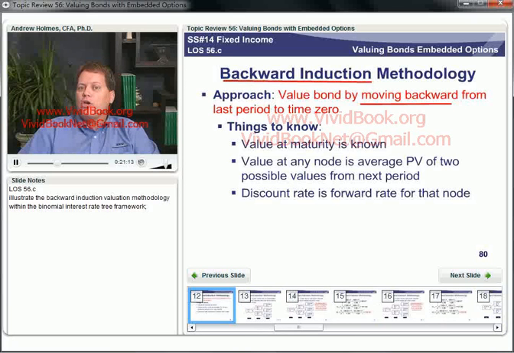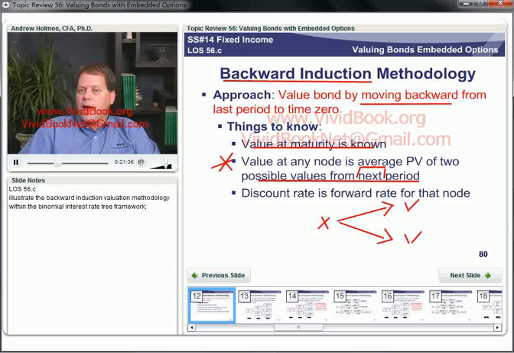The value in any node is the average present value of the two possible values for the next period. So if we are looking at the node here, we know the interest rates can go up or the interest rates can go down. We're going to find the value here, and then we're going to take the average of those and divide the whole thing by 2. Now that's supposed to be a 2. It's more like a z.